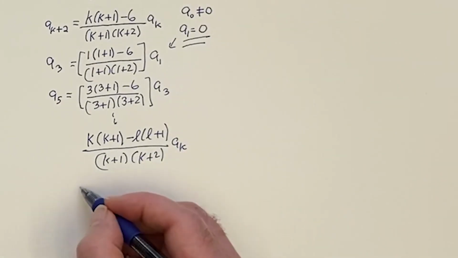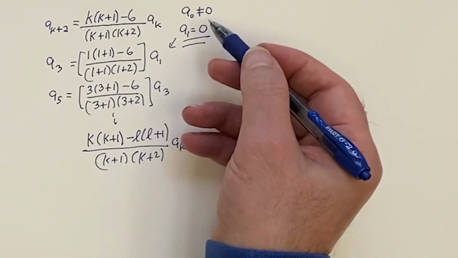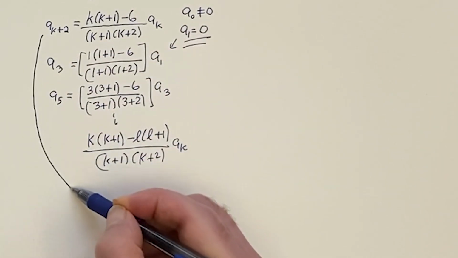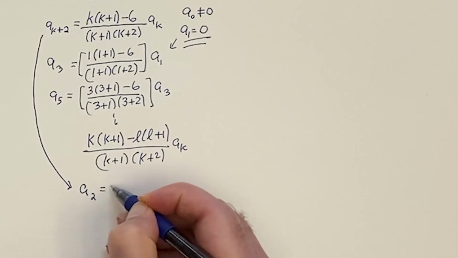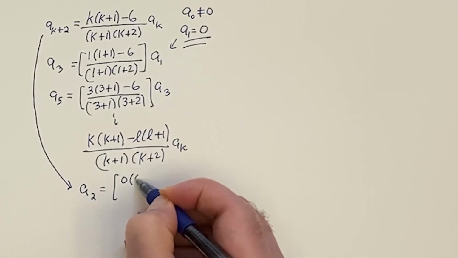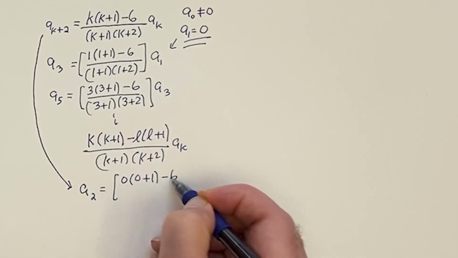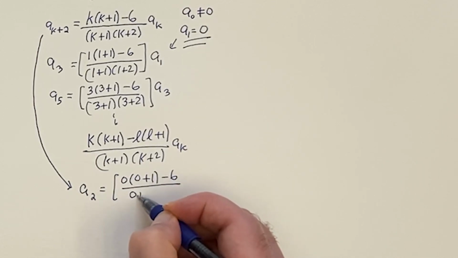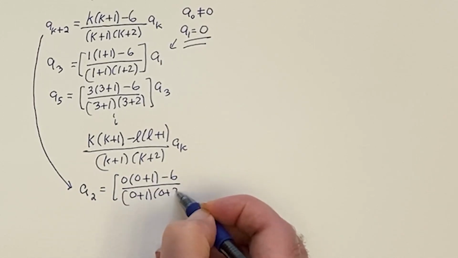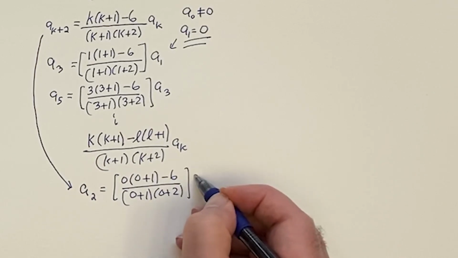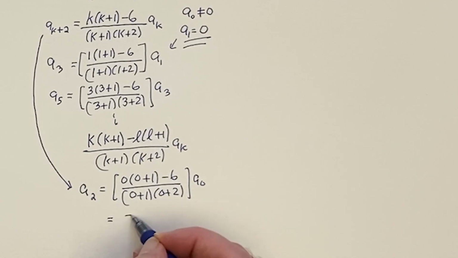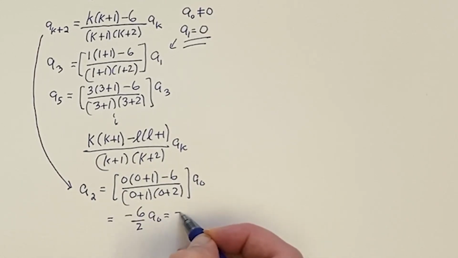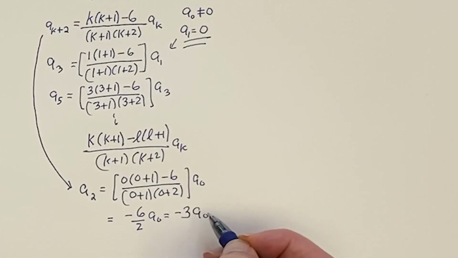Okay, so let's do that then here. We go now with the even case. So that means a2, when you put in 0 for the k, like this, then you get minus 6 over 2, you get minus 3 a0.